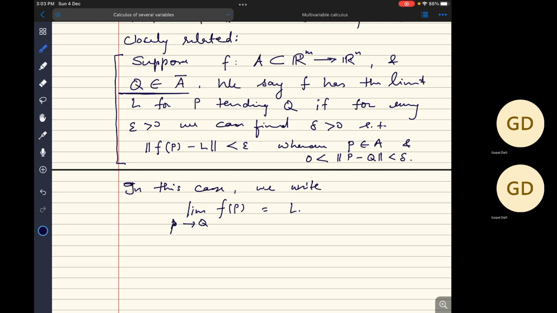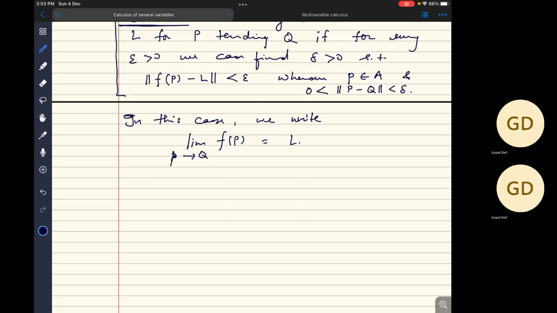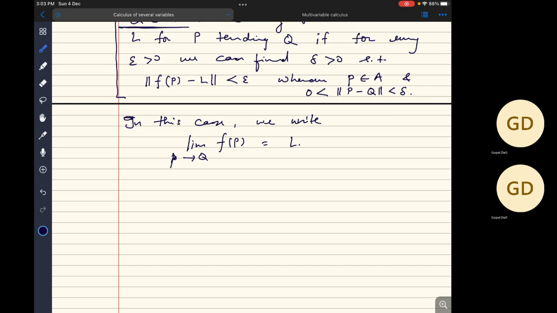But what happens if this point q lies in A? In case q lies in A, we can take p as q, and they lie in A, and this condition in that case means norm of p minus q is always less than delta for any delta.